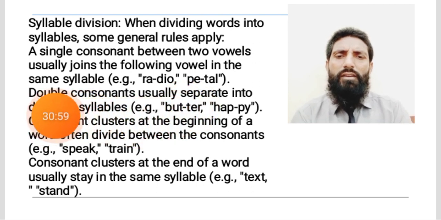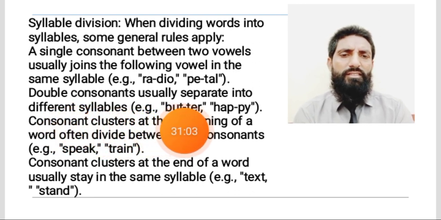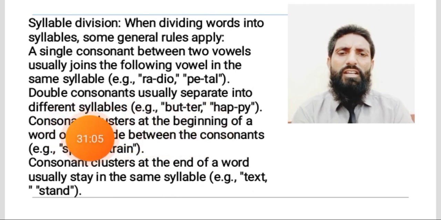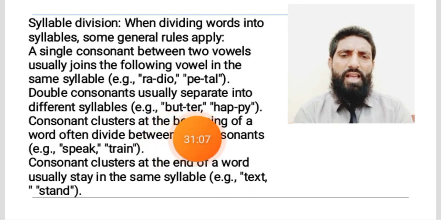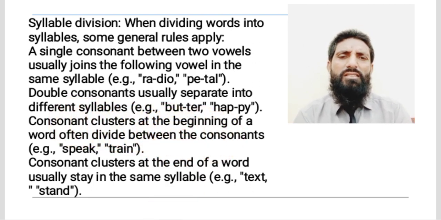Next, double consonants usually separate into different syllables, for example butter and happy. Double consonants means there is a repeated consonant. In butter, T is a consonant and it is repeated.